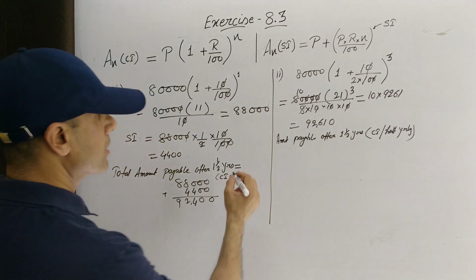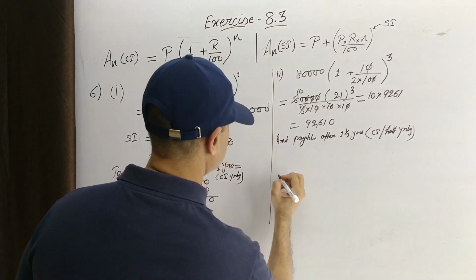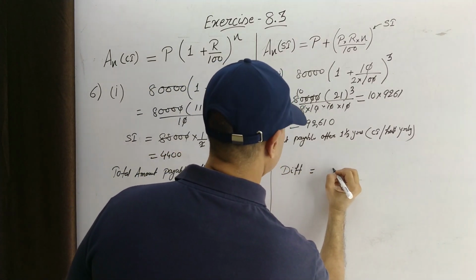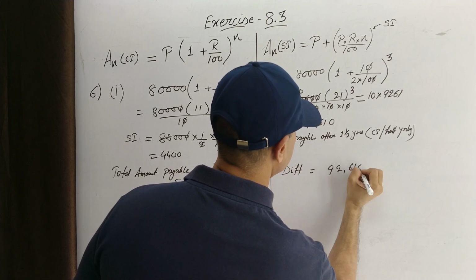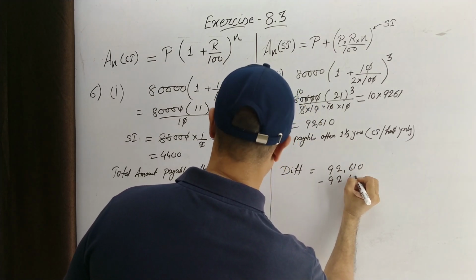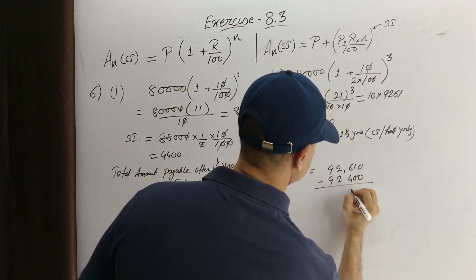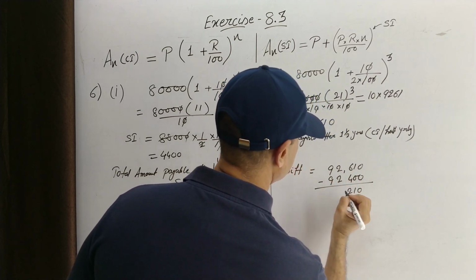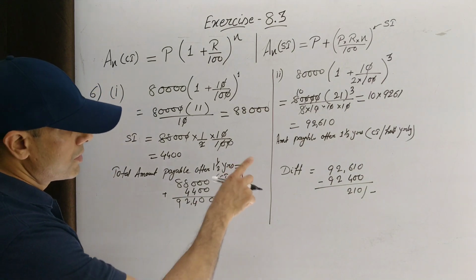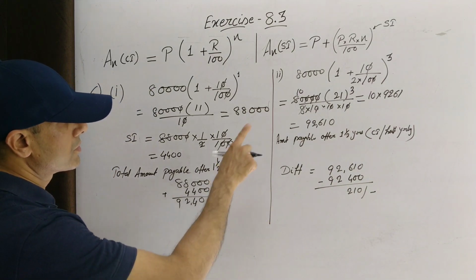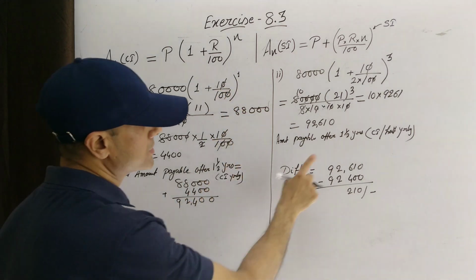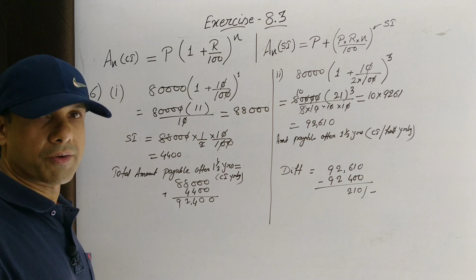So the difference is 92,610 minus 92,400. So we get this as 210 rupees. So this is the difference if the calculation is done on same rate of interest, first case compounded yearly, and in second case compounded half yearly. Clear?